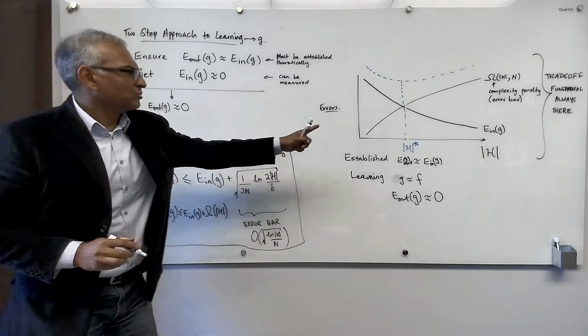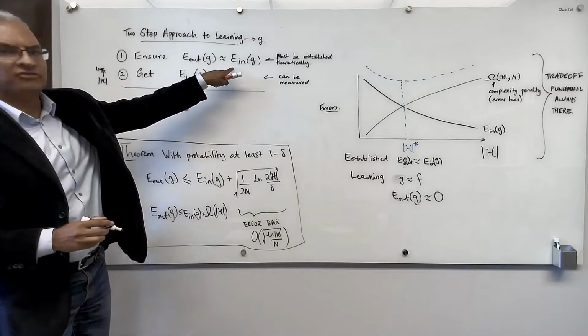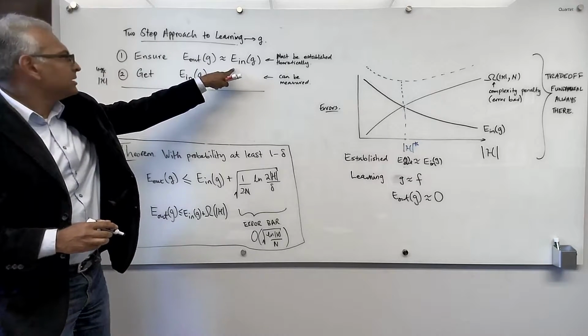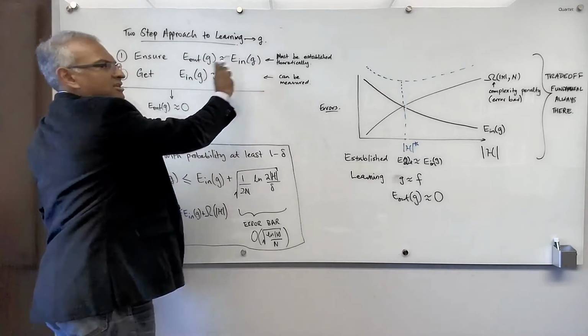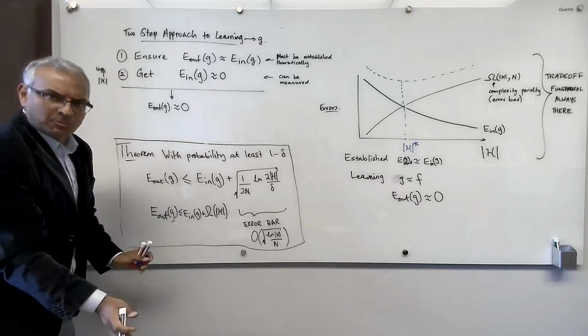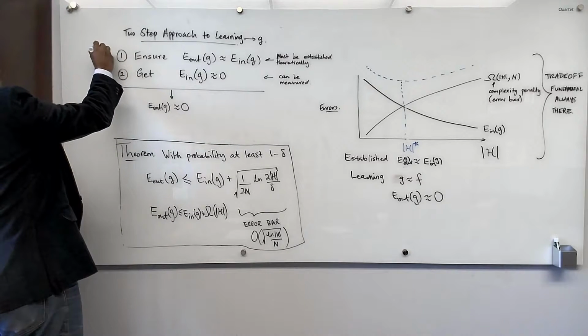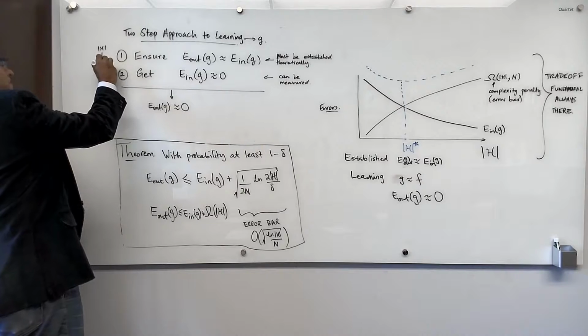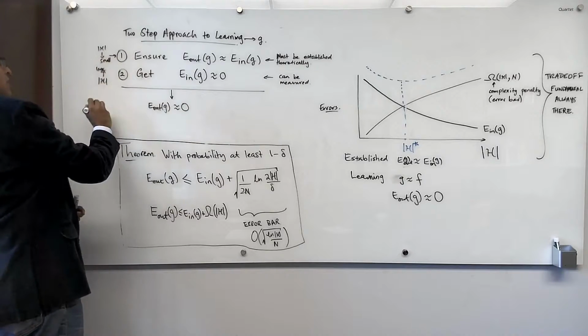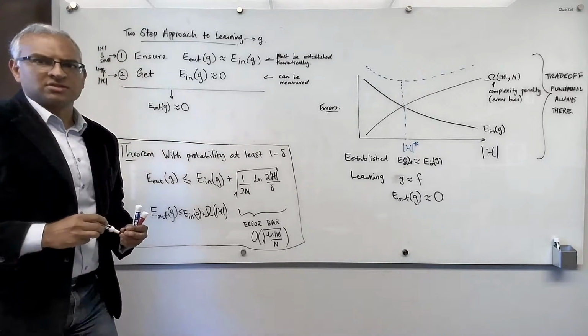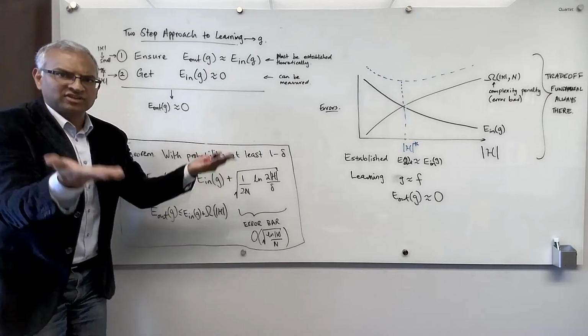But the larger you make the hypothesis set, you lose control of this first step in learning. And so to ensure the first step in learning, you want the hypothesis set to be small. In order to accomplish this, you want the hypothesis set to be large. And so, they're trading off against each other.